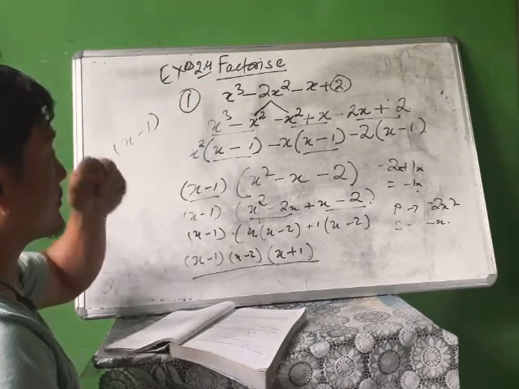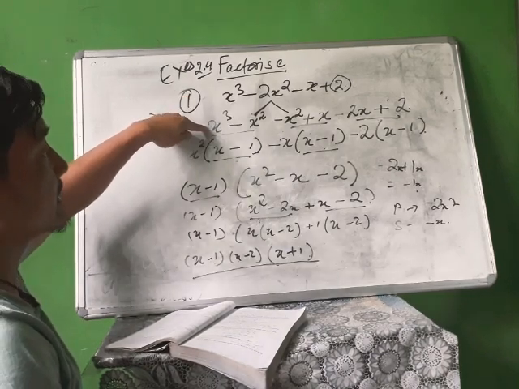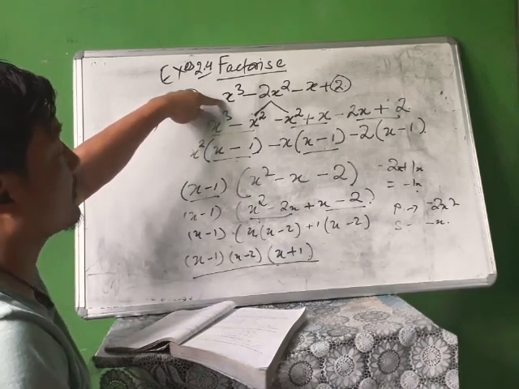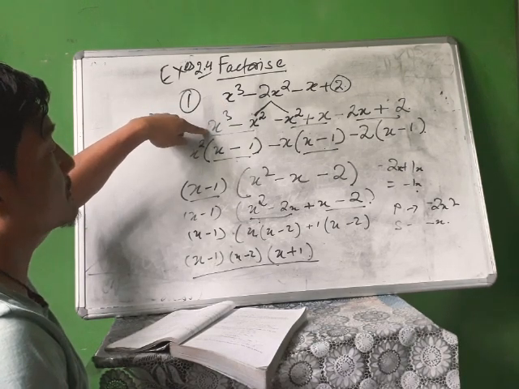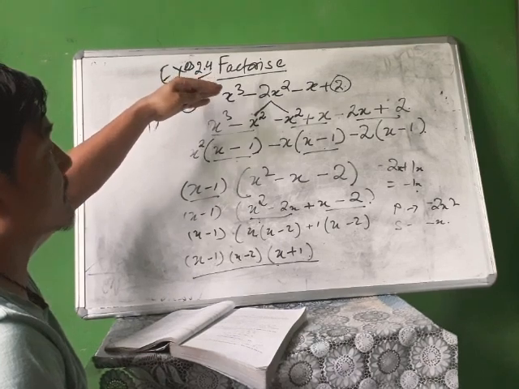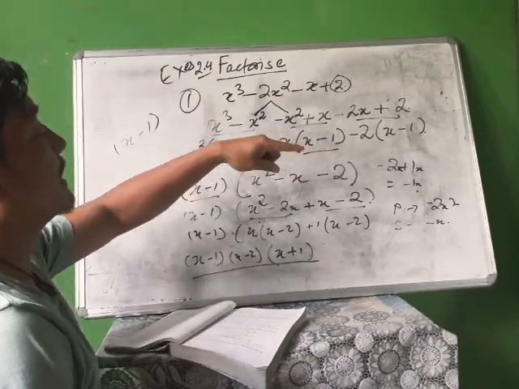The only problem that you will face is when you rearrange the given cubic polynomial. We'll just rearrange the given 4 terms into 6 terms.